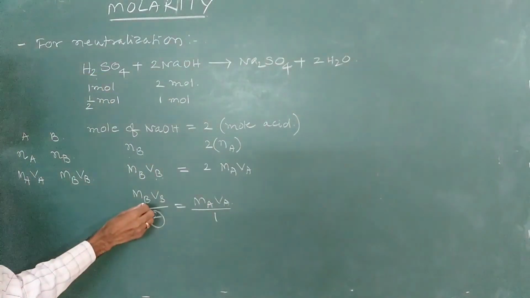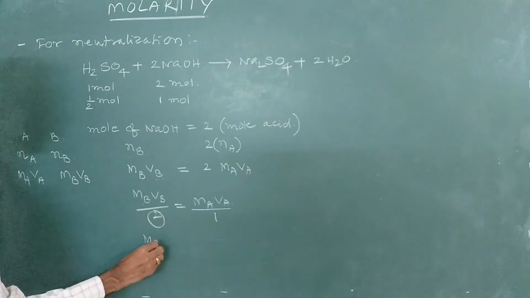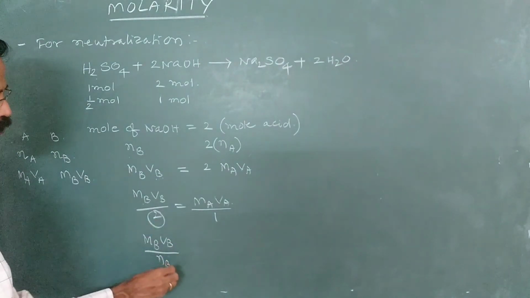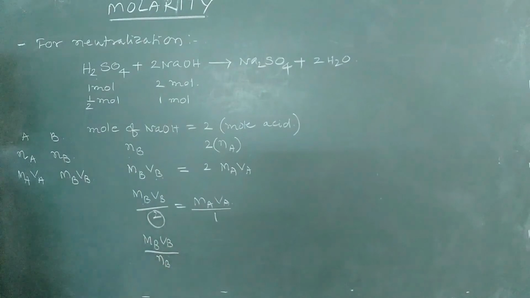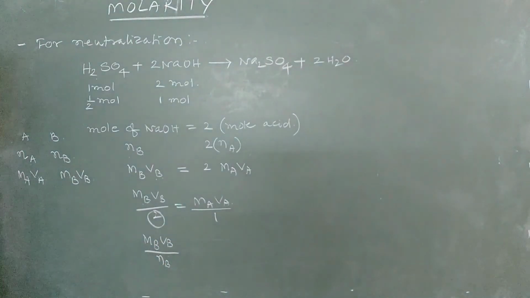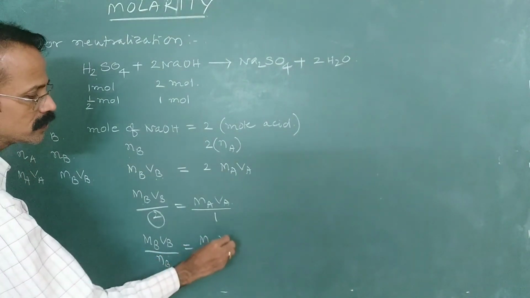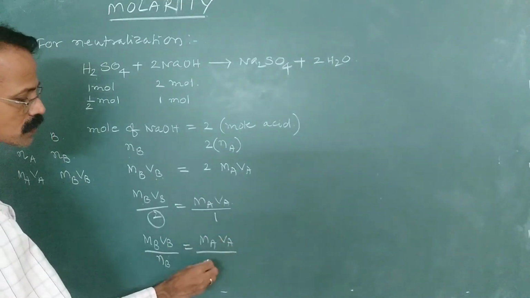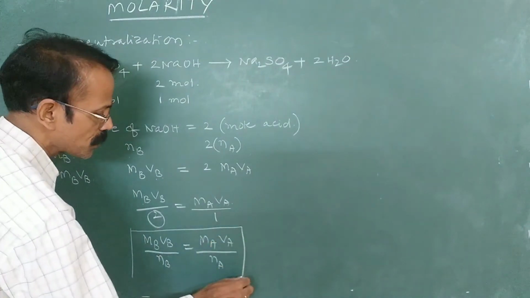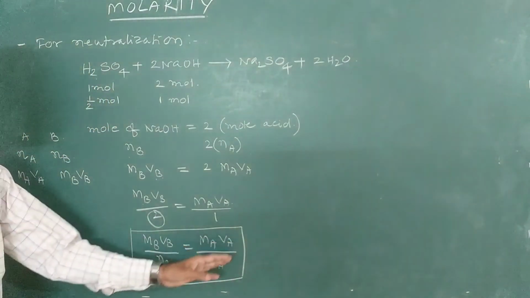So in general, we can write MbVb by Nb, where the number of moles here is 2, equal to MaVa divided by Na, the number of moles of acid. For acid-base neutralization reactions we can use this formula: MbVb by Nb is equal to MaVa by Na.